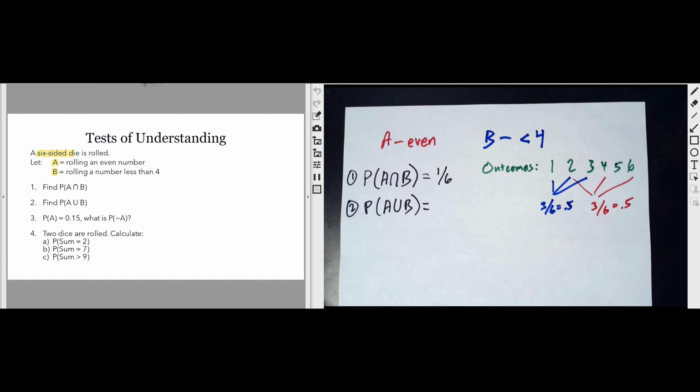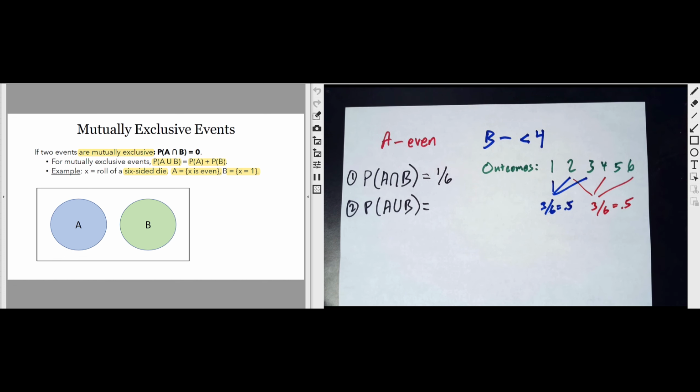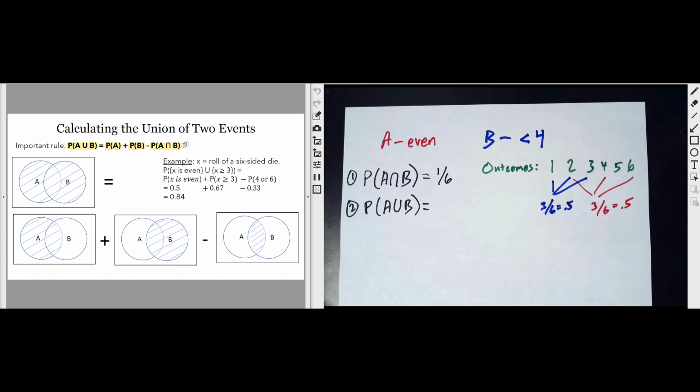Sorry, back one more slide. We're going to use this formula that we described and demonstrated. I won't say proved, but we described it and demonstrated it back here on slide 8. So the probability of either A or B occurring is going to be the probability that A has occurred plus the probability that B has occurred minus the probability that both things have occurred.